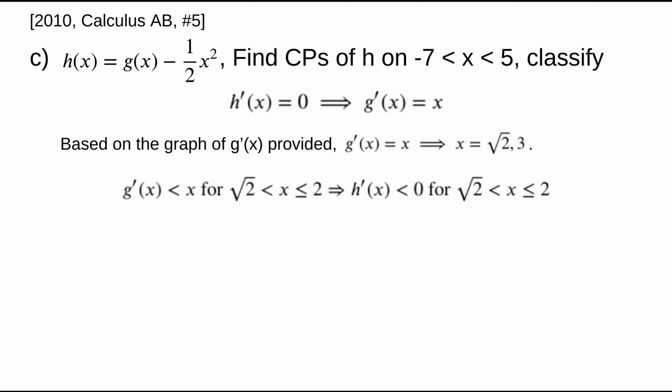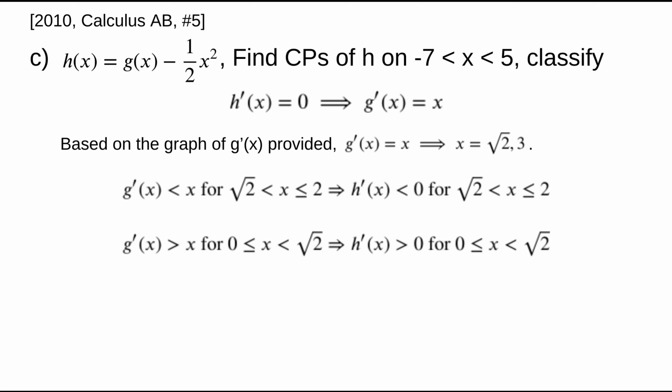All right, so how do we classify these? Well, the derivative of g is less than the value of x when x is between the square root of 2 and positive 2, right? This implies that h prime of x is less than 0 for that interval. G prime of x is greater than x for x between 0 and square root of 2. This implies that h prime of x is greater than 0 for x between 0 and square root of 2.